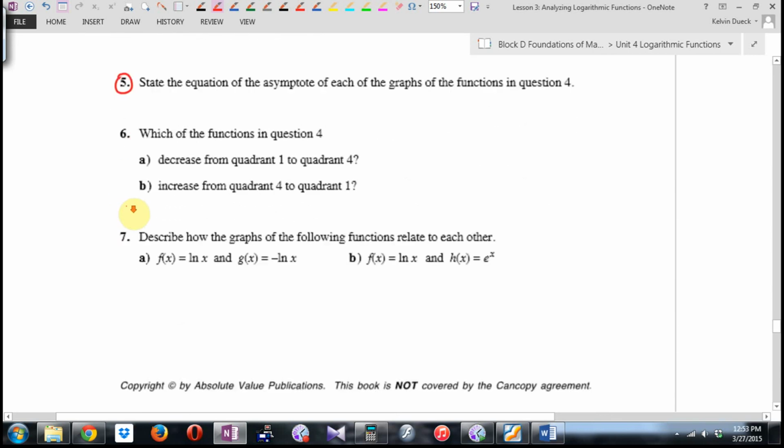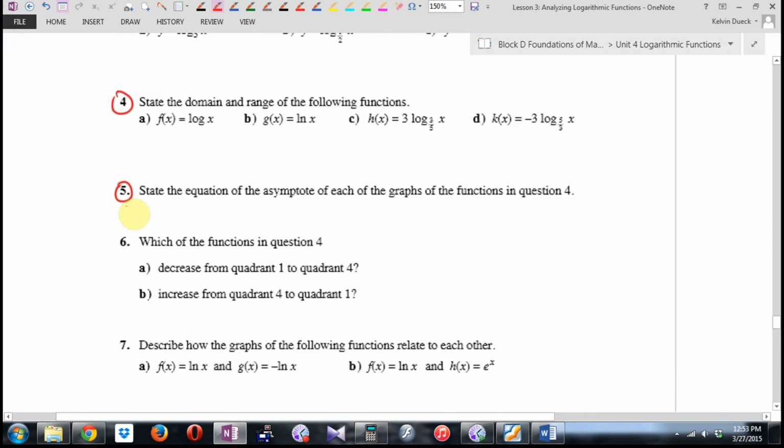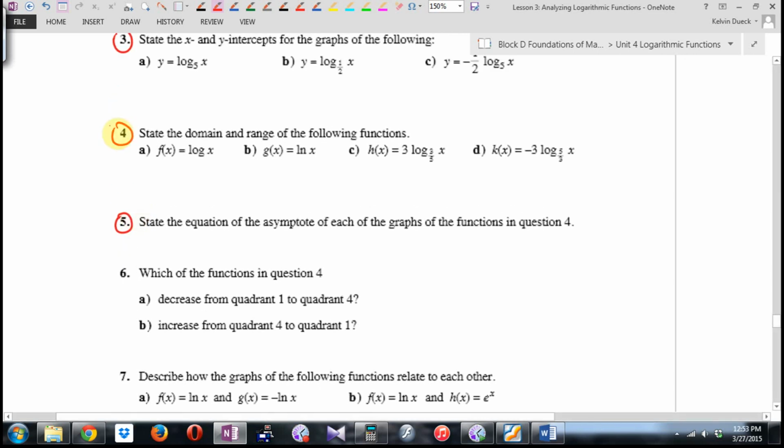I think 5 is good. Let me double check. Sorry, I got to take away. 4 is going to be next class. I'm going to just erase it.